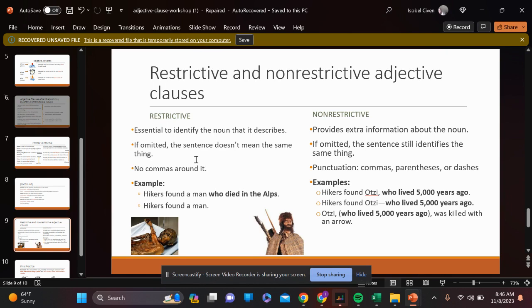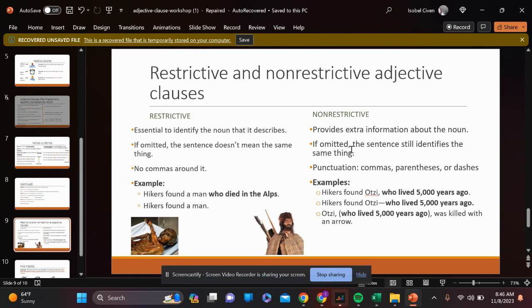You must have that adjective clause, and there are no commas around it. Hikers found a man who died in the Alps. Okay, so you need to remember that you describe a man and you don't know which man. That is why there are no commas, because you don't know who it is, right? And you need to use who because this who replaces a man or he.